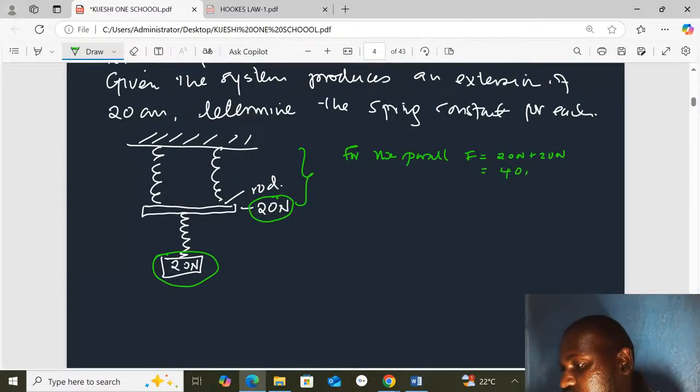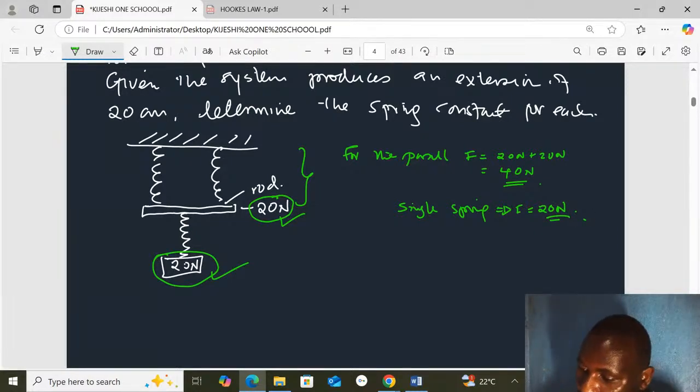It will be 40 newtons. For the single spring, F will be the same as only 20 newtons. Then we say this one, we let it produce an extension of E1, and this one here to produce an extension of E2.